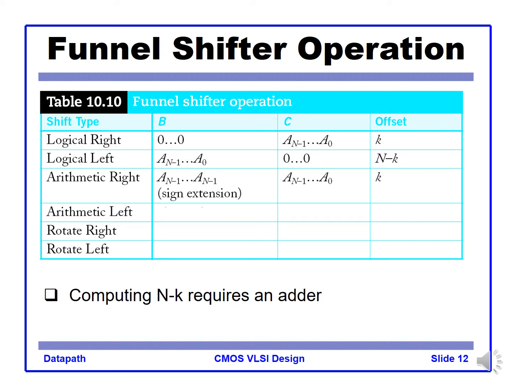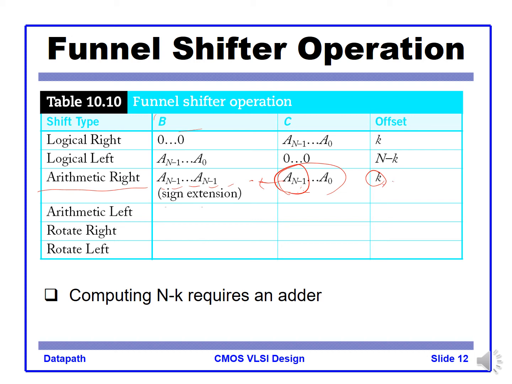So here, for arithmetic right shift, we put the input on the C, and on the B field we extend the MSB. This is sign extension, so we can select the offset K, and implement the arithmetic right by K, right?